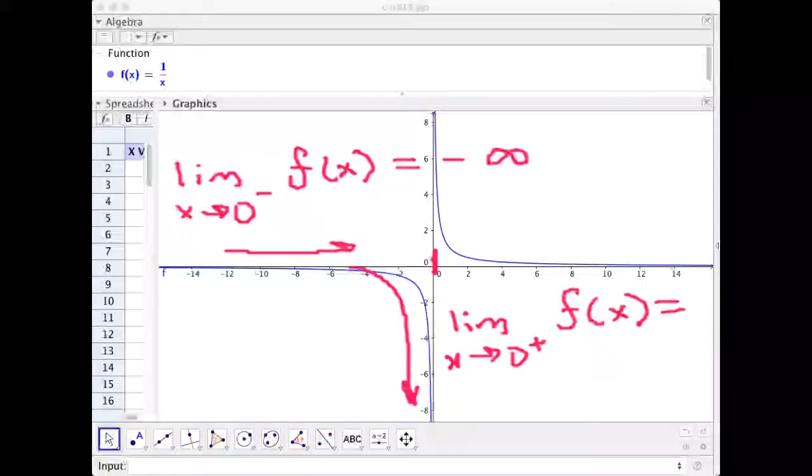However, as we're moving along this graph and approaching 0 from the right-handed direction, which is our question over here, we are actually headed up towards positive infinity. So again, let's go back over here so we aren't scribbling all over everything.